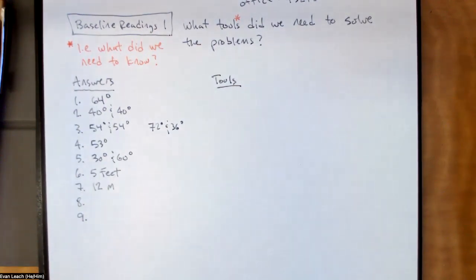Sounds good. Number 8, if the 2 legs of a right triangle measure 7 centimeters and 11 centimeters, then what is the measure of the hypotenuse? And a clue, round your answer to the nearest tenth. This one doesn't work out. Does anyone have this one? 13.0.